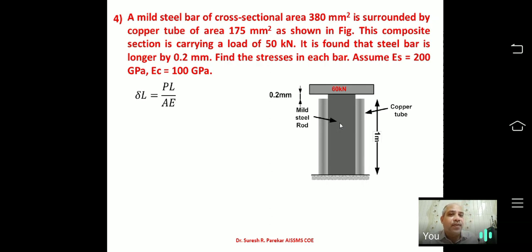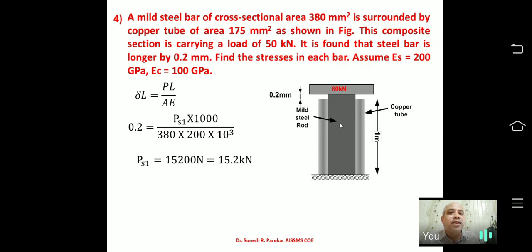So now you can see, first I will calculate the force required, PS1. PS1 is the force required for the steel bar to shorten by 0.2 millimeters. That gives me the value of PS1. Now once I know PS1 is 15.2 kilonewton, this force we have to subtract from 60, because this force is already utilized. Now our bar will be at the same height.